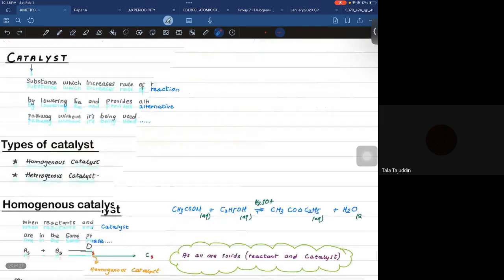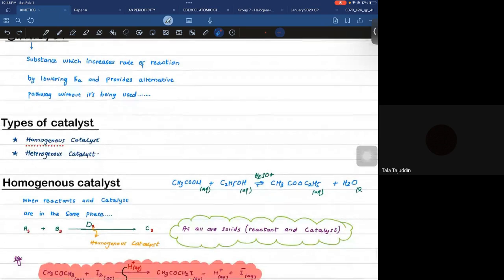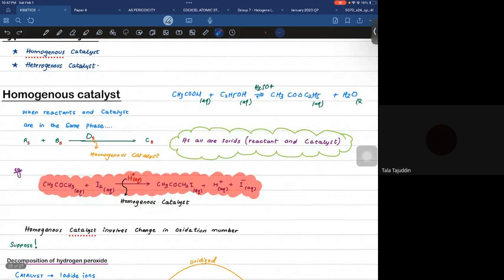A lot of questions you would see, a lot of this is for the catalyst, you know. This is the last part of this chapter: catalyst. The types of catalyst, homogeneous and heterogeneous. Homogeneous means that your reactants and your catalyst are in the same state.